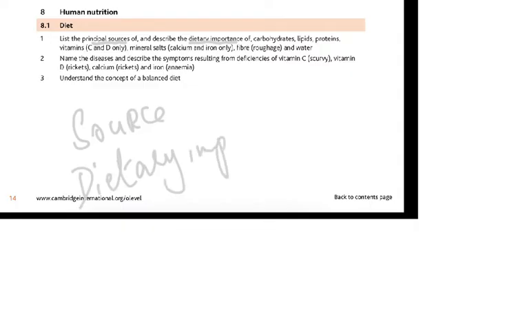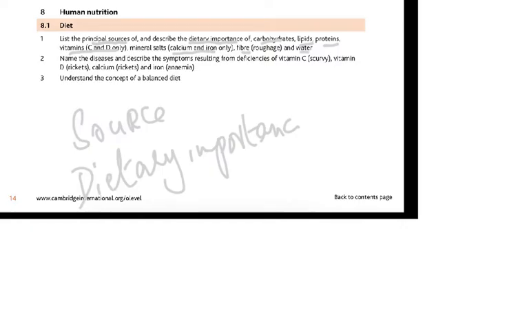Now, looking at the first point of the syllabus, it says list the principal sources and dietary importance. So, source and dietary importance. Dietary importance of what? Source and dietary importance of carbohydrates, lipids, proteins, vitamin C and D, calcium and iron, fiber, water.